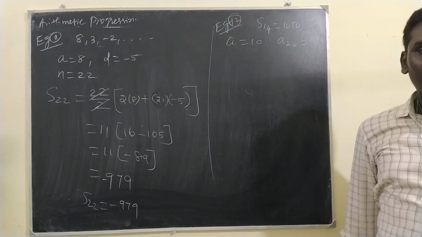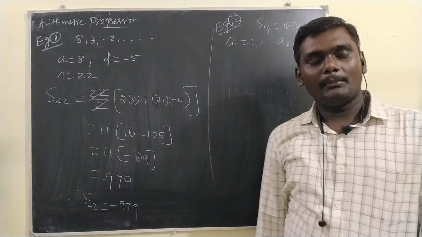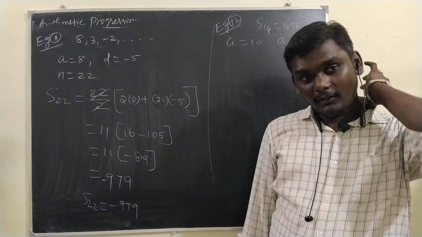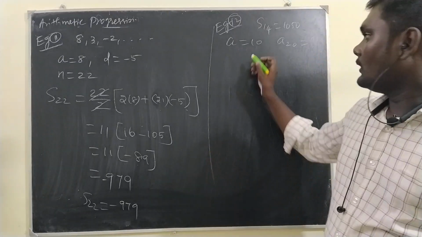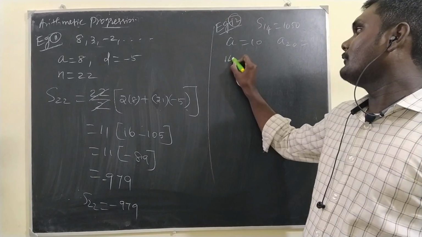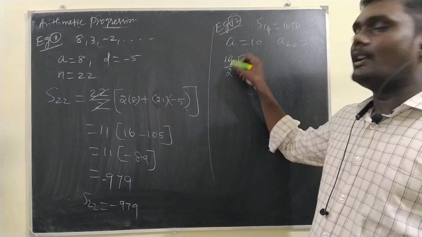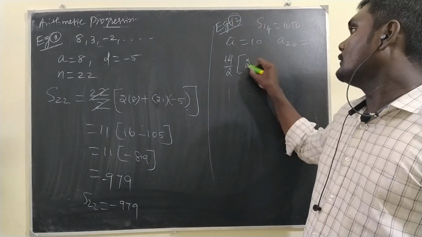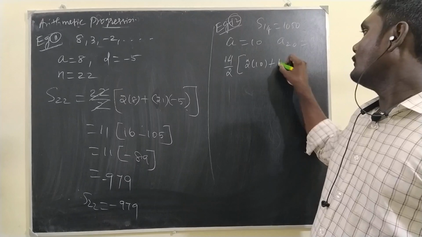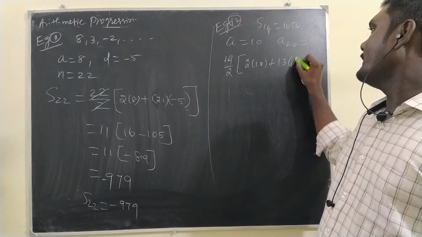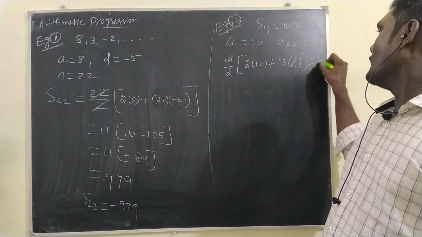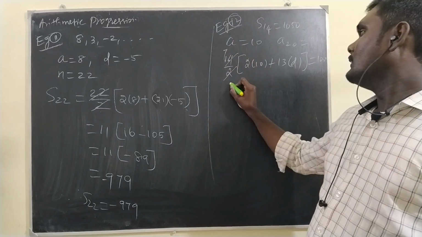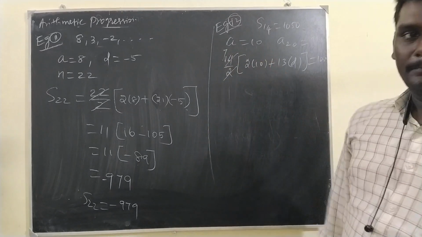Apply the formula for S14. Usually we apply this n by 2 into 2a plus n minus 1 into d, not the last term. Whenever last term is given, you can use that formula. Okay. So here S14 means it is 14 by 2. I am not writing the formula, directly doing, but while writing an exam, you have to write the formula, keep it in mind. So that is 2 times 10 plus 13 into d, we don't know, d itself, equals 1050. Now this can be simplified by 7. Then don't multiply this 7 inside.